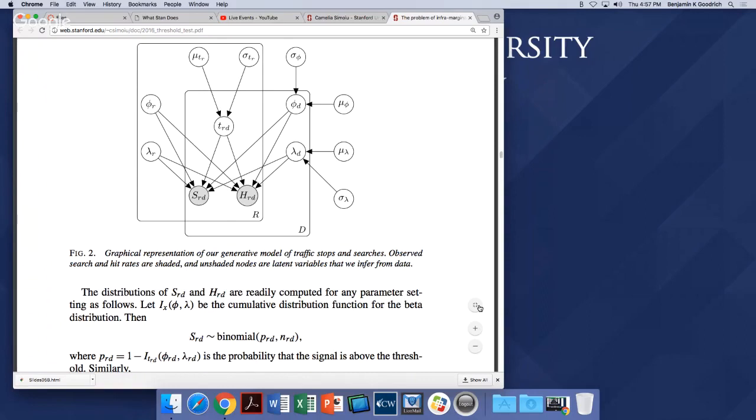It's preposterous to take the parameters as given. The parameters are what we're trying to find out. And you can have all the data that you want on stops and hits and searches. You don't have any direct data on the thresholds that were being applied there. That is a parameter of your model that you don't know, but you want to update your beliefs about.